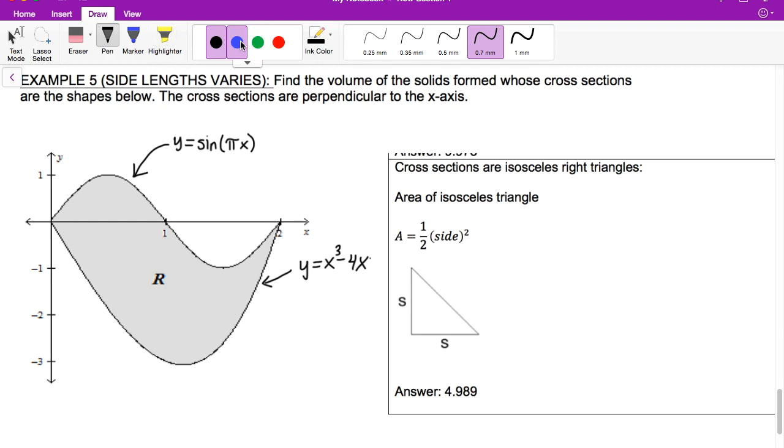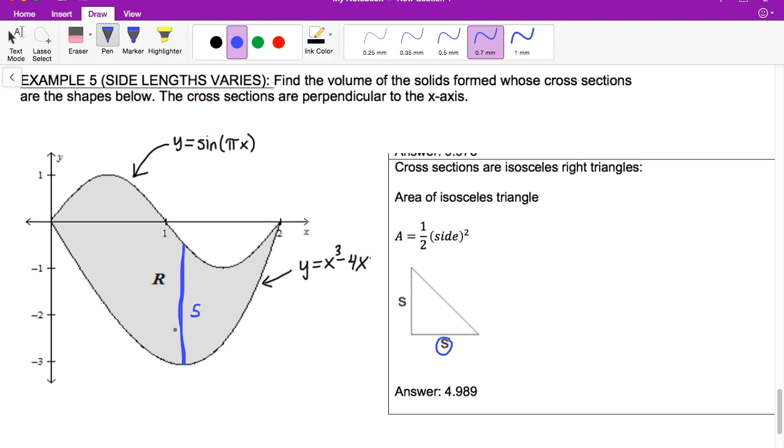To do these problems efficiently, you want to be able to really fast identify what part would give us the side lengths. So the distance between the cross section would be here. The bottom part of the cross section would be here, and that will give us S, which corresponds to this.